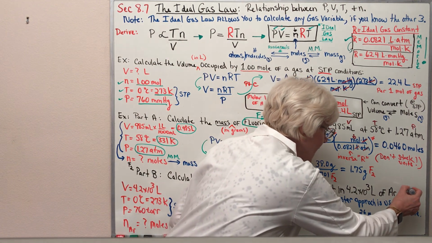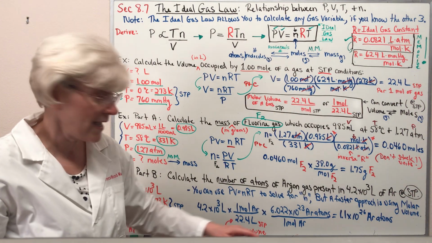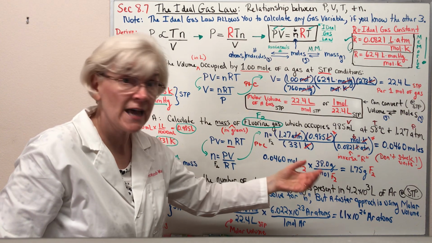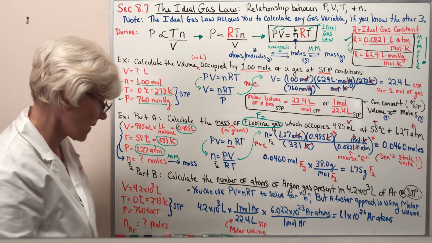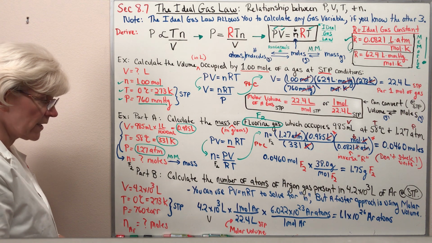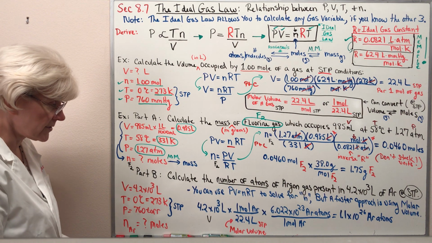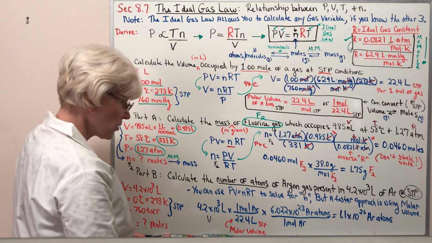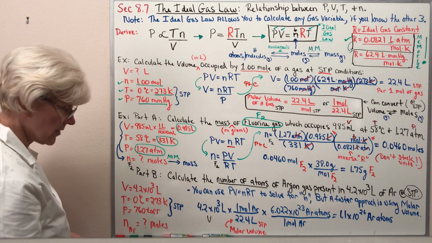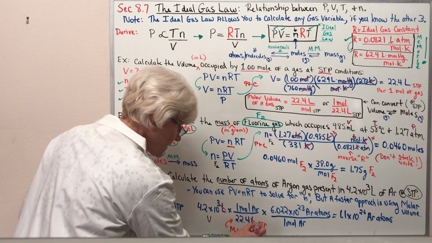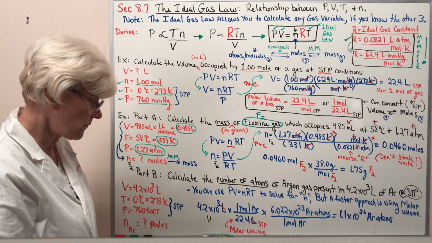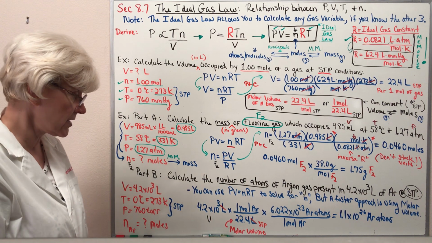Because we are at STP conditions, we can use molar volume as a conversion factor, a faster approach to the answer. So here is our volume of argon gas, 4.2 times 10 to the third liters. And I am using molar volume, writing it in this form so that volume is in the denominator and my liter units will cancel. 1 mole of argon occupies a volume of 22.4 liters at STP conditions.